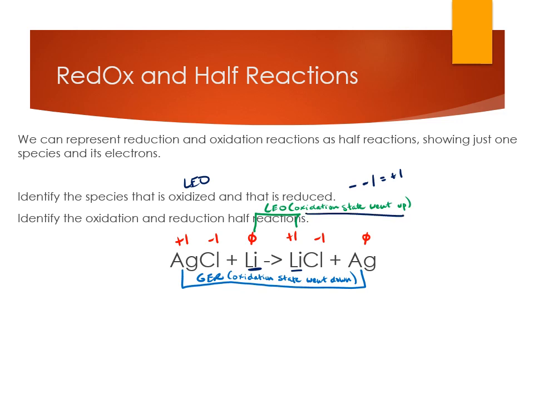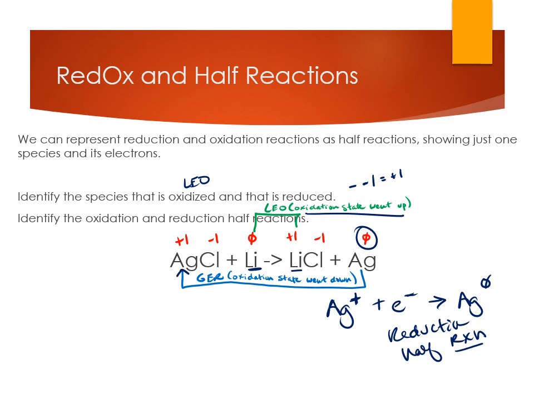The silver, meanwhile, went from a +1 down to a 0. Silver was reduced. It gained that 1 electron. It went from silver with a +1 charge, gained that negatively charged electron, and that positive and that negative made it silver neutral. This is our reduction half reaction.